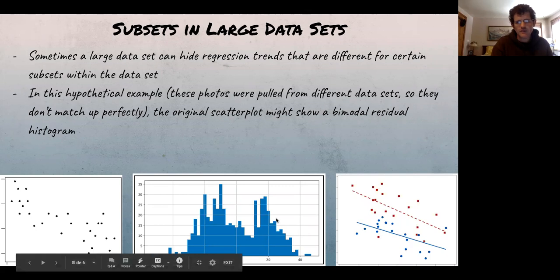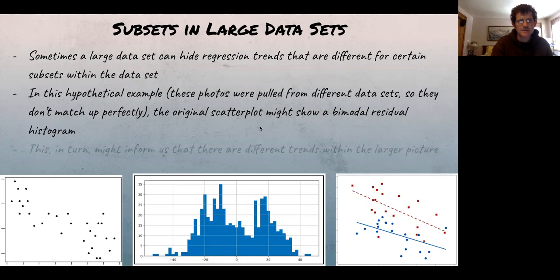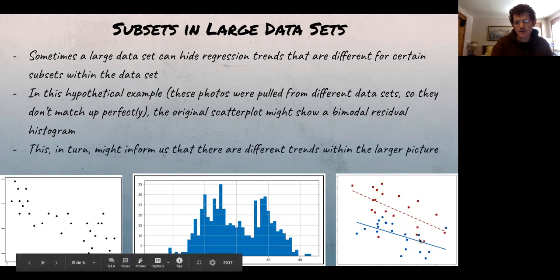And let's say it was bimodal. Well, maybe what that means is that there's actually 2 different trend lines that are parallel to each other. And so all these residuals right here would live right there, and then all these residuals right here would live down here.